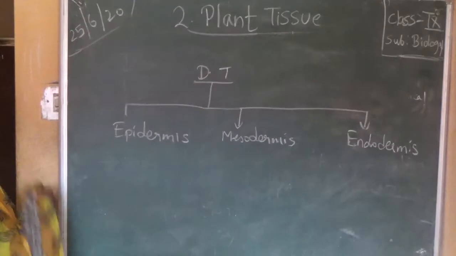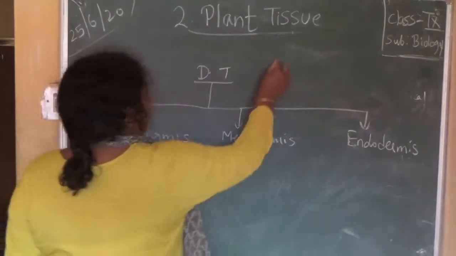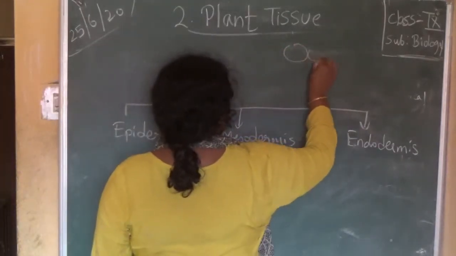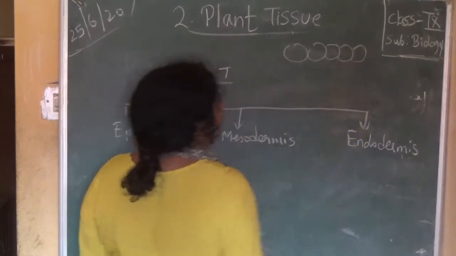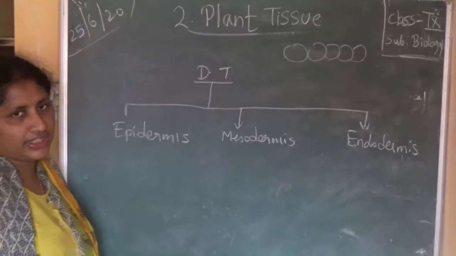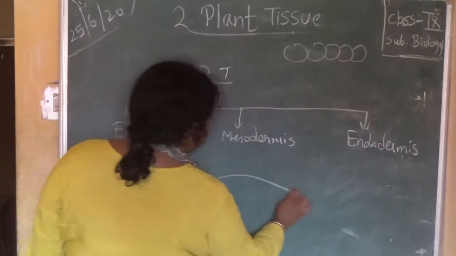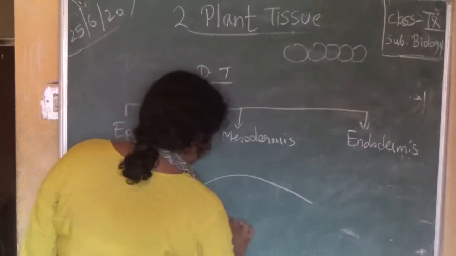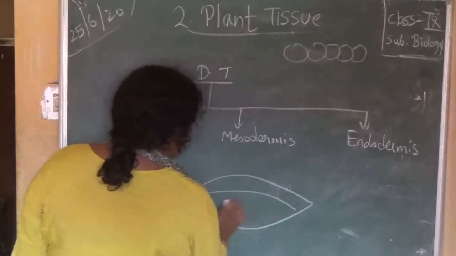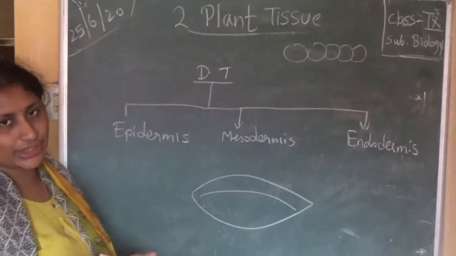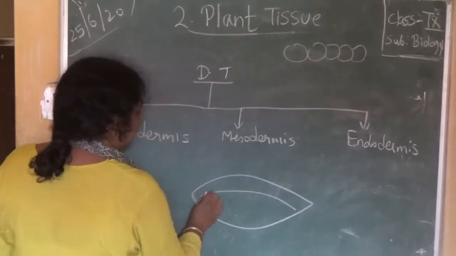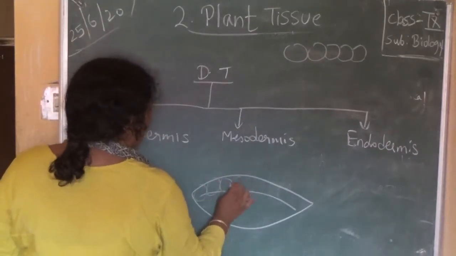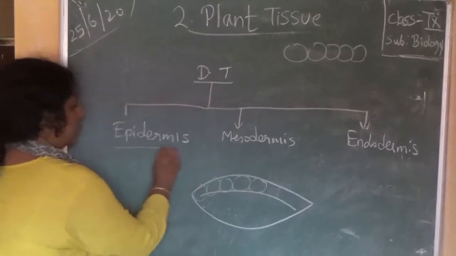Now you will understand clearly. Epidermis: these are the single layer of cells which are present at the topmost. Suppose we take a leaf. So this is our leaf. The topmost layer is called the epidermis. In this you will have this type of cells and they have some functions.